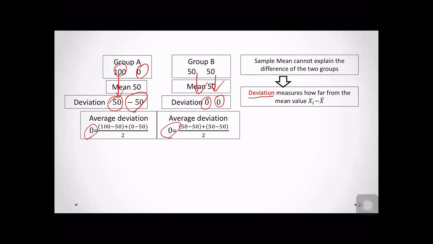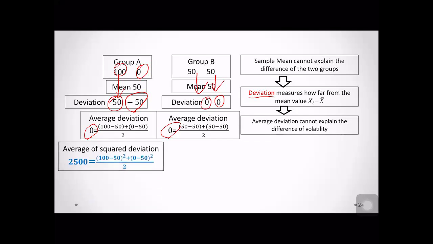But we cannot say that because the average deviation is 0 for both, both groups have the same kind of variation, right? It's obvious group A has higher variation.